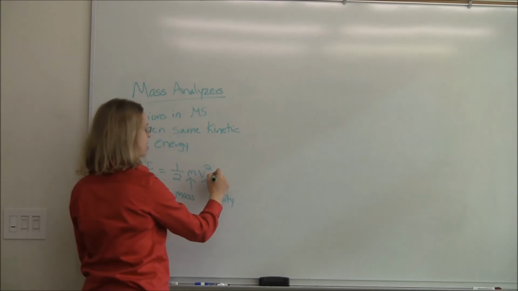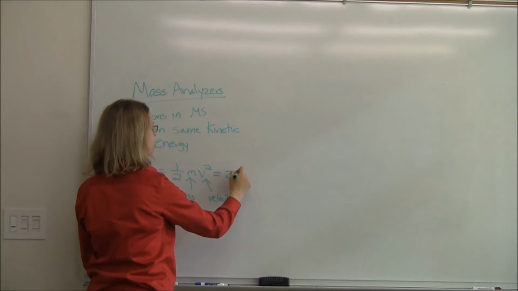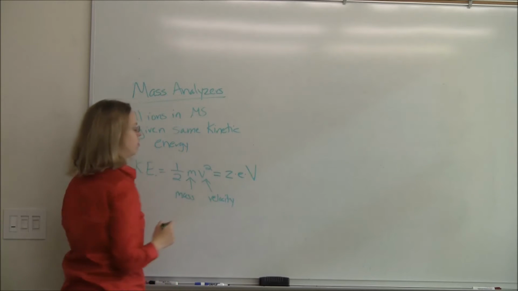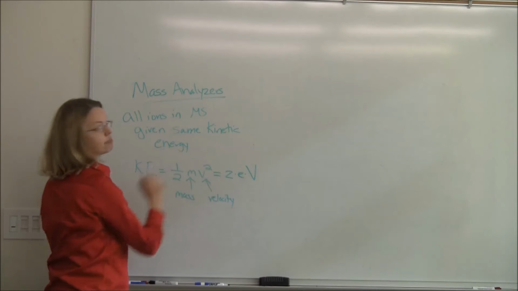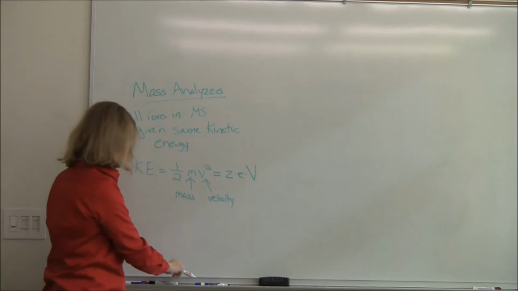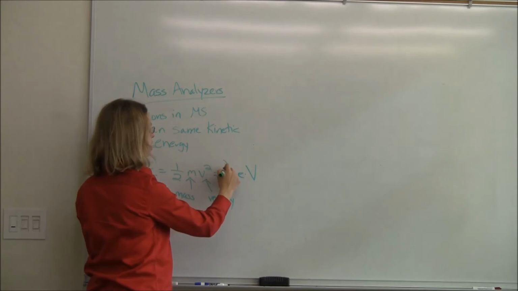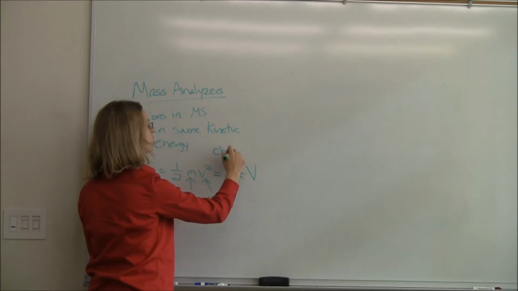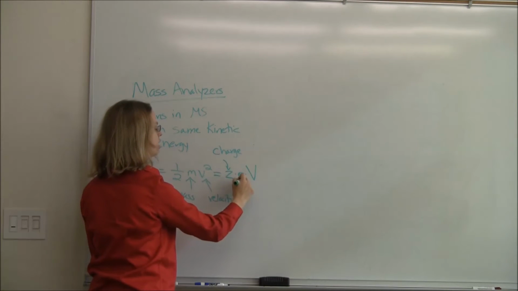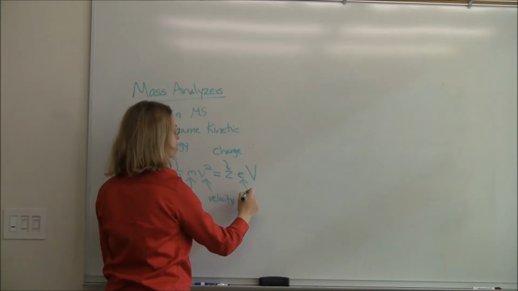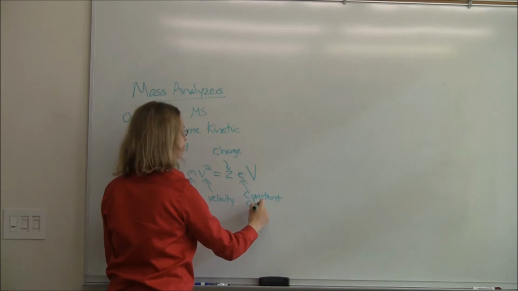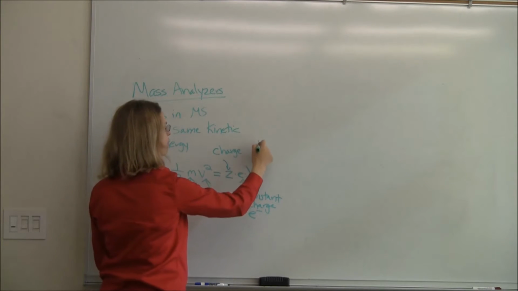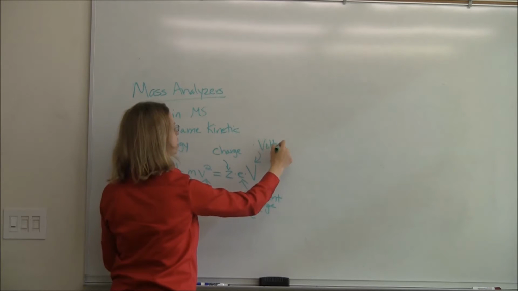So we end up with another equation for kinetic energy, and that's equal to Z times e times big V, a different V than this one. Z in this case is charge, e is a constant, the charge of an electron, and big V is whatever voltage is applied.